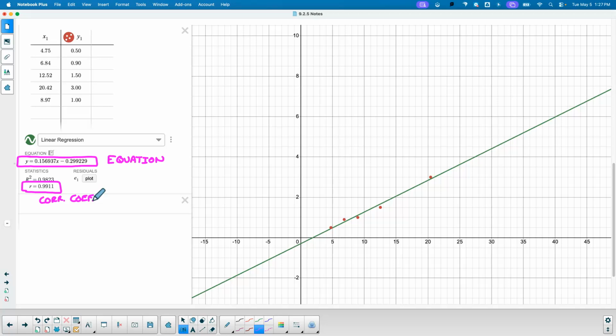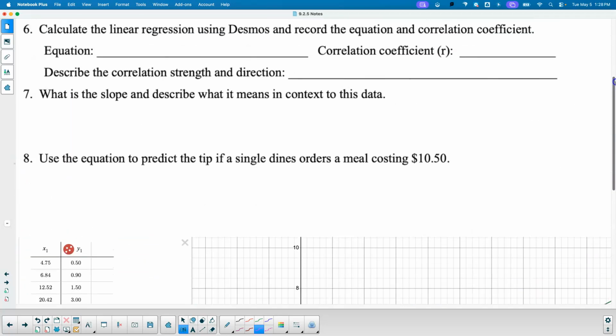Yes? Okay. Everybody should have the same one, right? Because we're all using the same data, we're all using the same program. So we should have 0.1569337x minus 0.299229. Okay? Just need that for when we scroll back up here and answer some more questions.